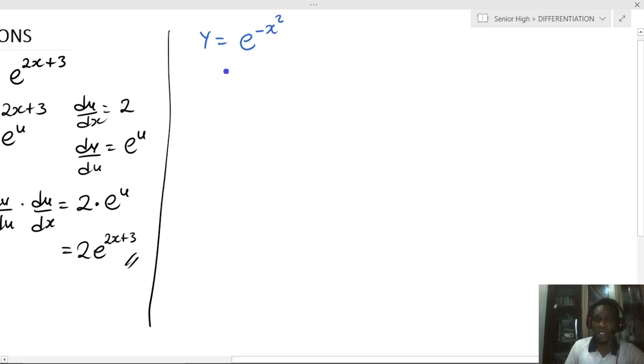The same thing applies here again. So what happens? Our u will be equal to minus x raised to the power 2. Our v will be equal to exponential u. And then what happens again? du with respect to x will be equal to minus 2x. I believe you know how to do that.